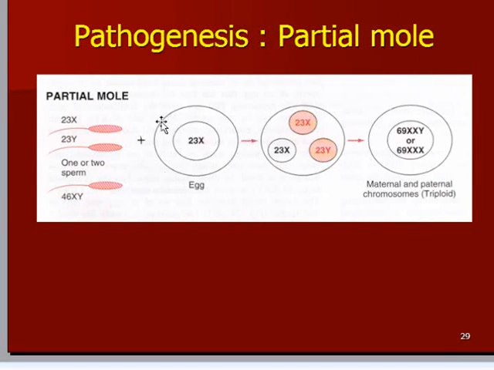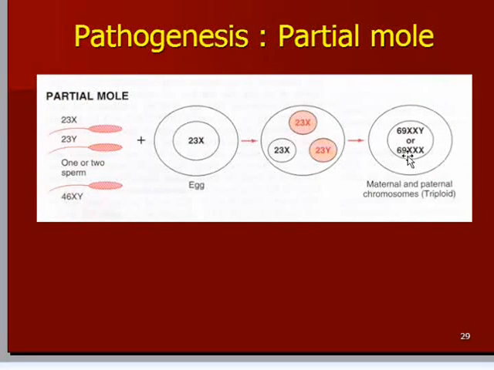So ultimately you are getting a cell which has at least a triploid number of chromosomes, and this is an important point. Triploid chromosomes or anything more than that is a feature of the partial mole. But one thing is important to understand, whatever the number of chromosomes, it has to be more than 69.